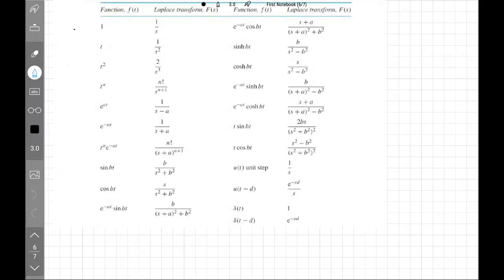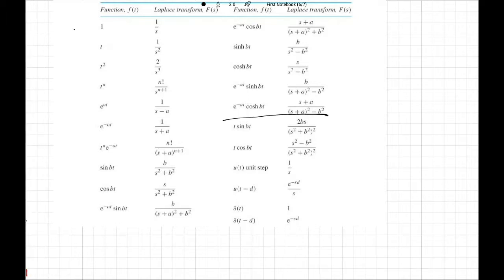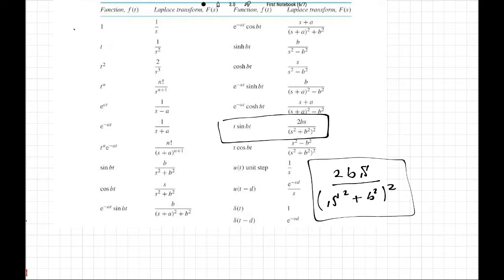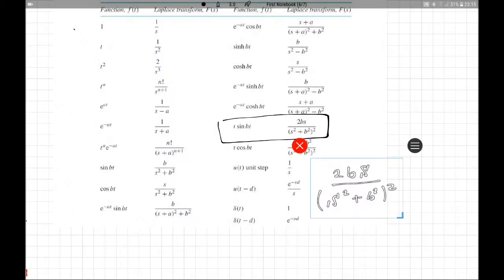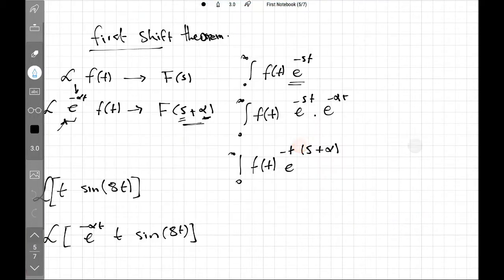So this is t sin bt, which is 2bs divided by (s squared plus b squared) squared. So this is our F(s).